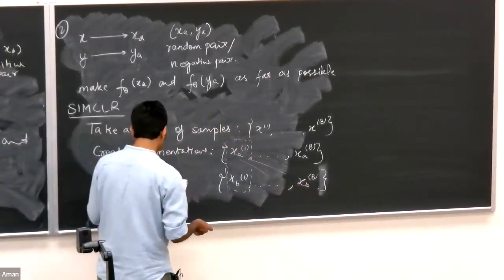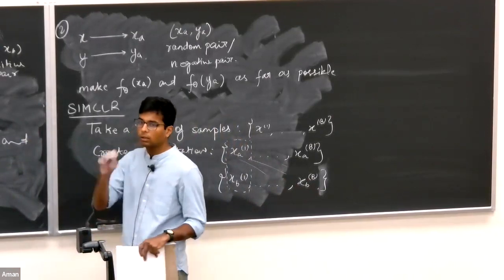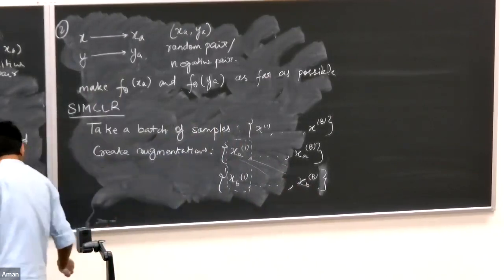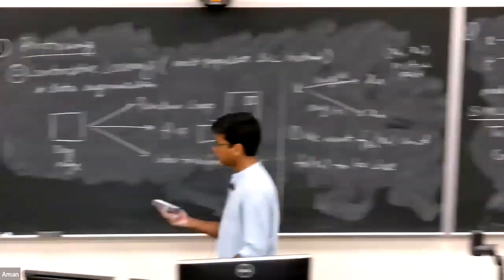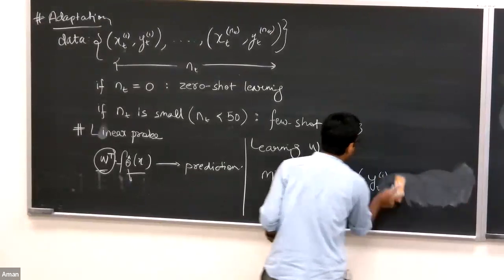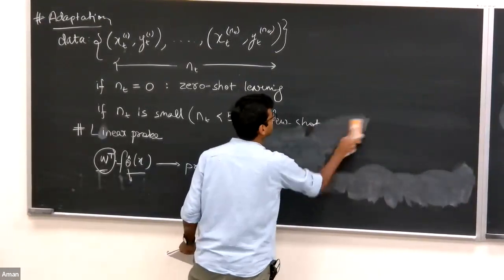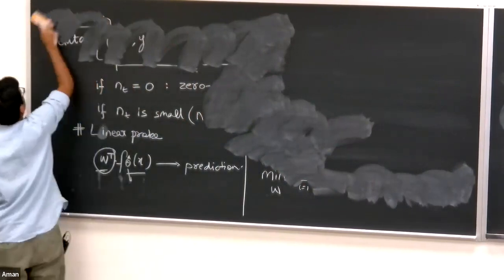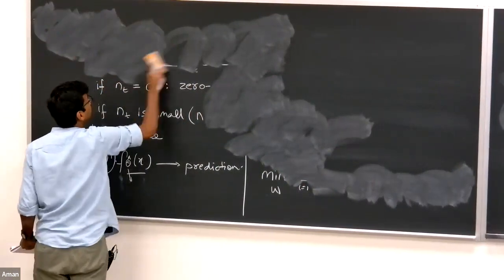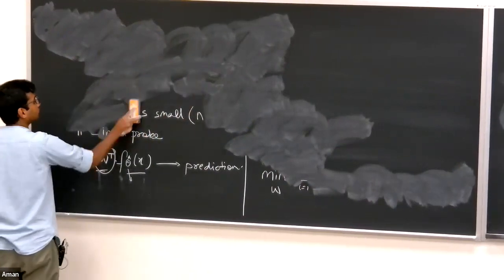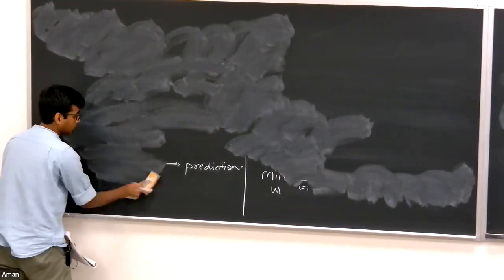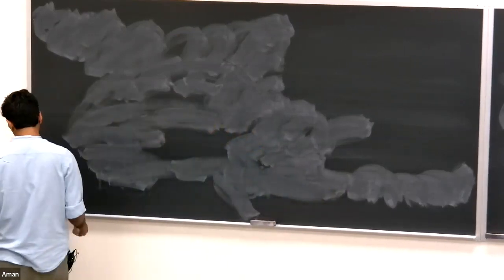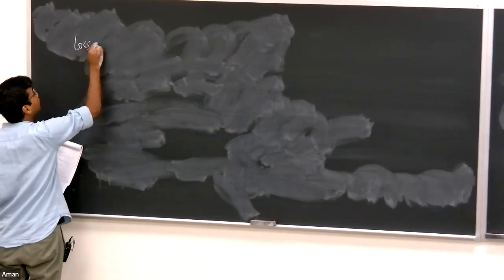So let's look at the contrastive loss function first, and then we can look at each term of that loss function and see how it's enforcing these two criteria. So the loss is this.